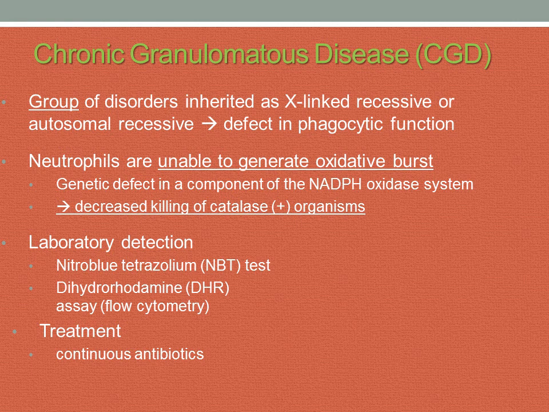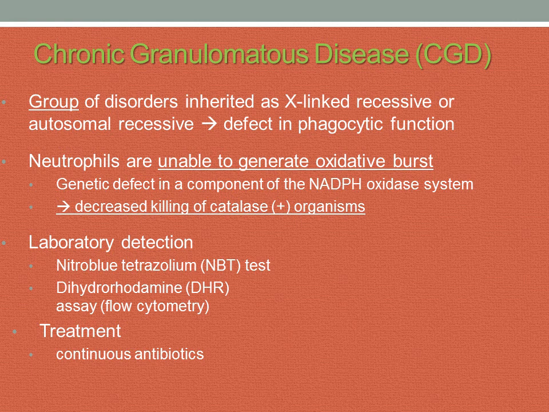Chronic granulomatous disease, like the others, is a group of disorders inherited as X-linked recessive or even autosomal recessive, but ultimately causes a defect in phagocytic function. In general terms, the phagocytes can engulf microbial organisms, but once they're inside, their biochemistry is altered to the point where they can't kill them.